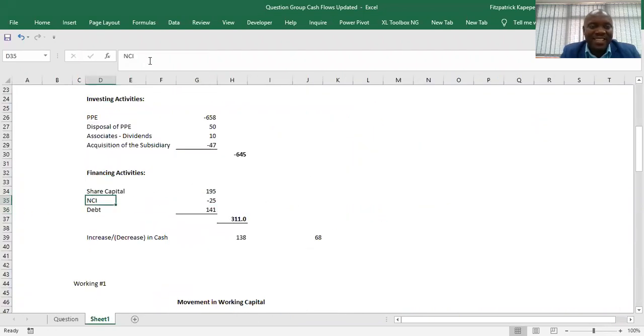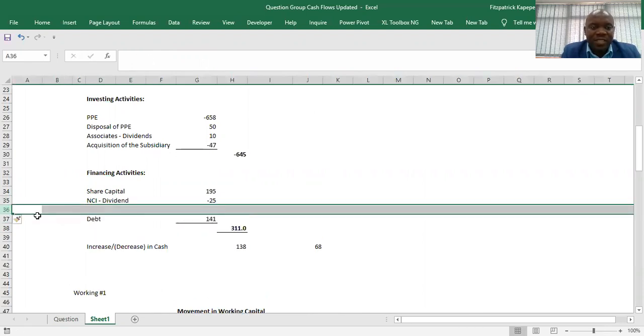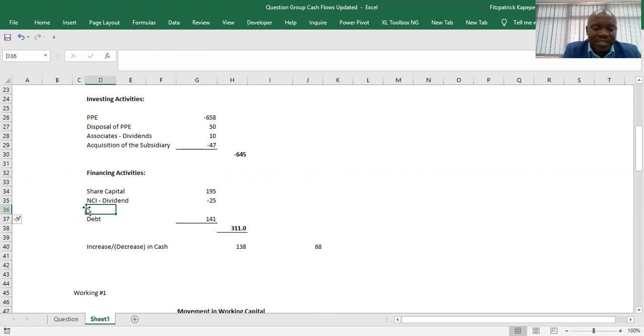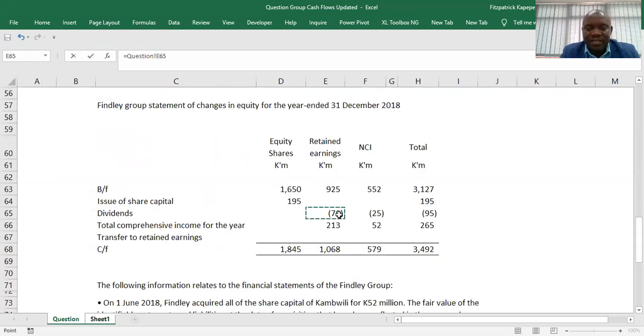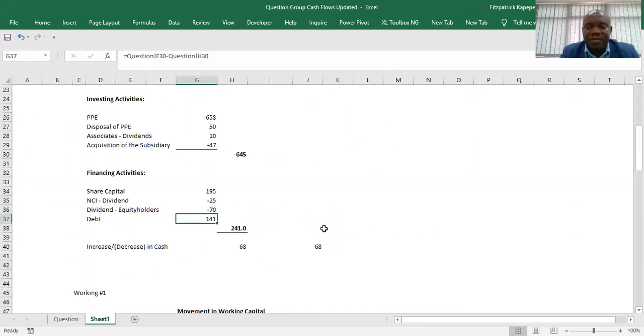These are NCI dividends. Then dividends to ordinary equity holders.